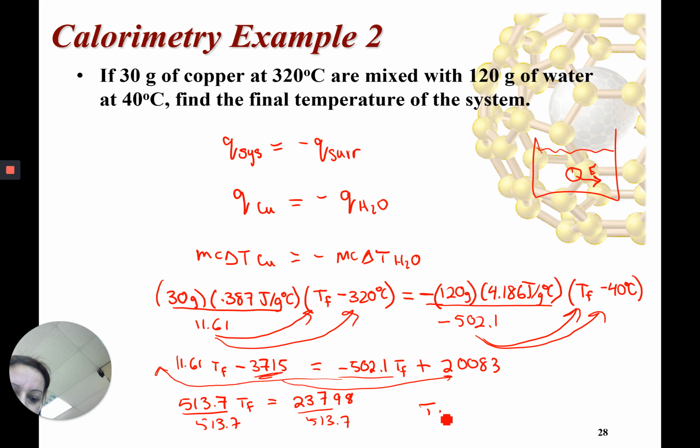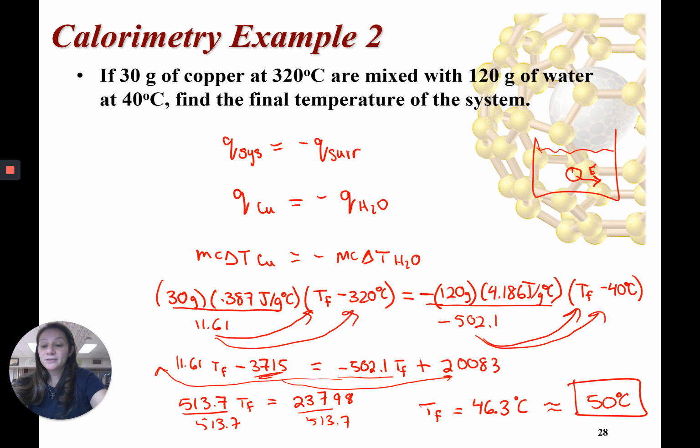You get T final to be 46.3 Celsius, which looks like we need only one sig fig, so that rounds to 50 Celsius. And that's your answer.